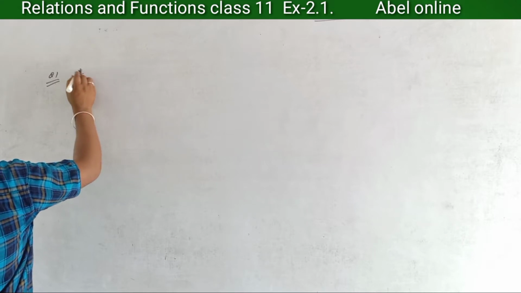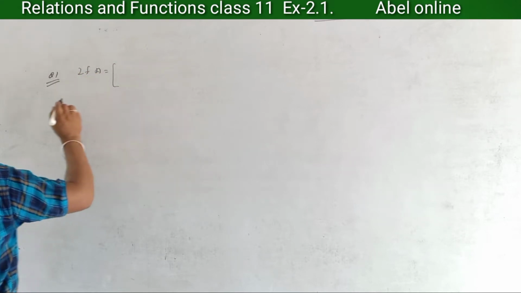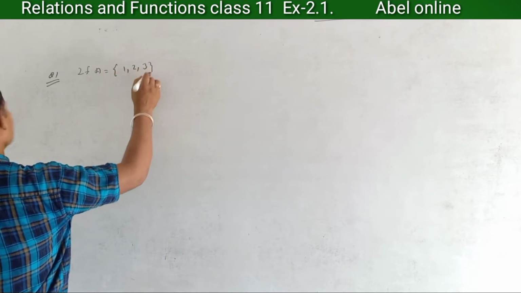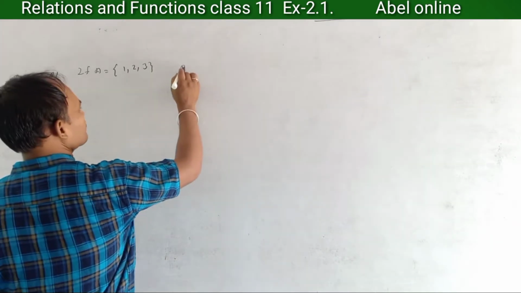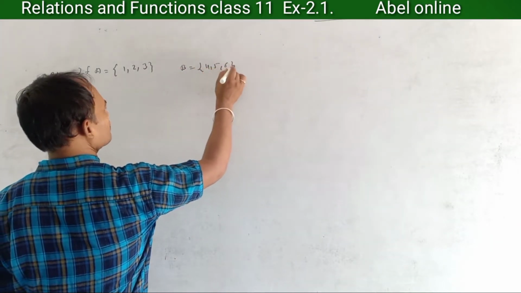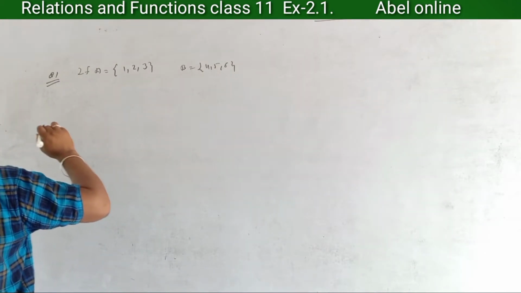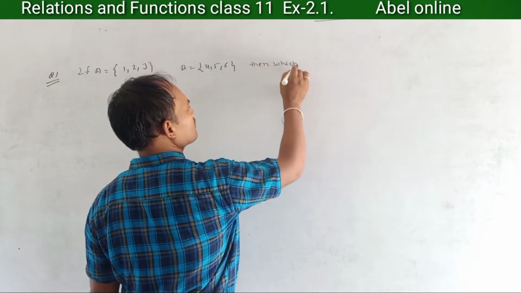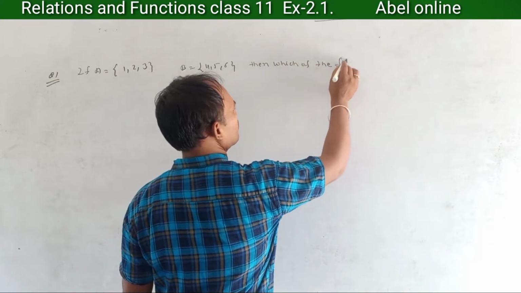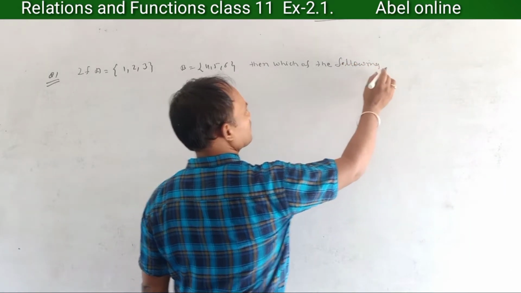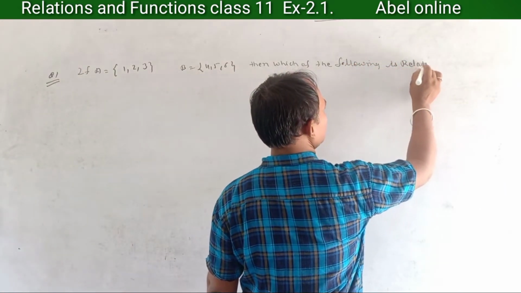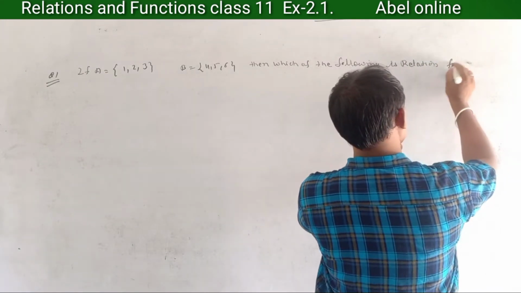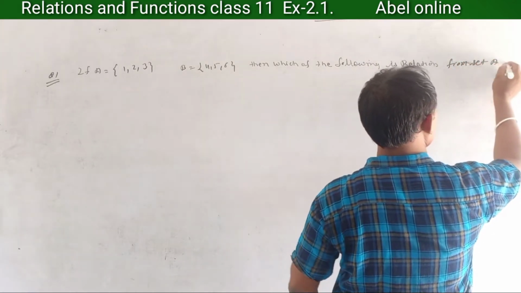If A equals {1, 2, 3} and B equals {4, 5, 6}, then which of the following is a relation from set A to B?